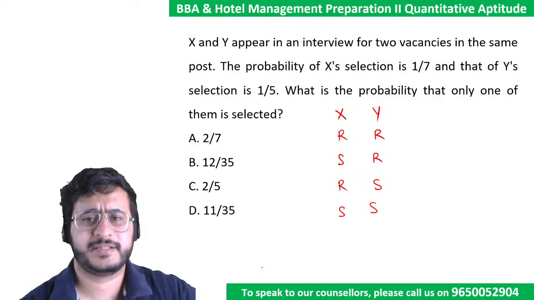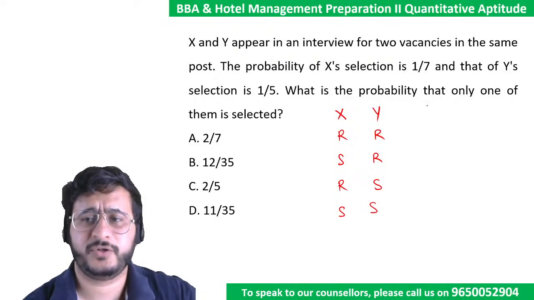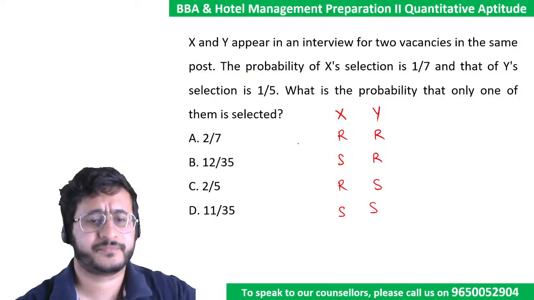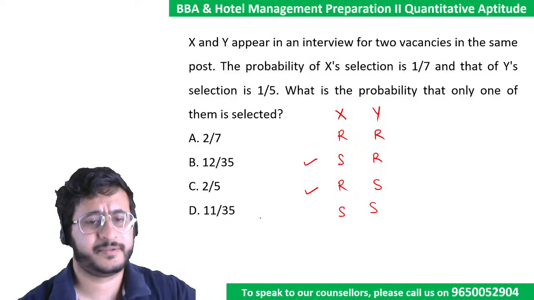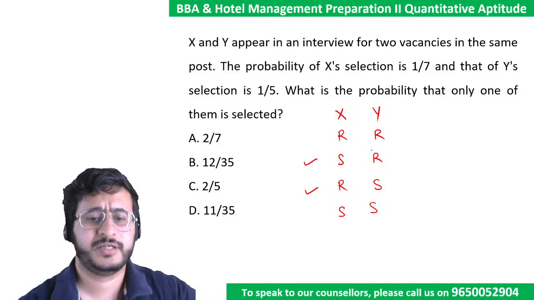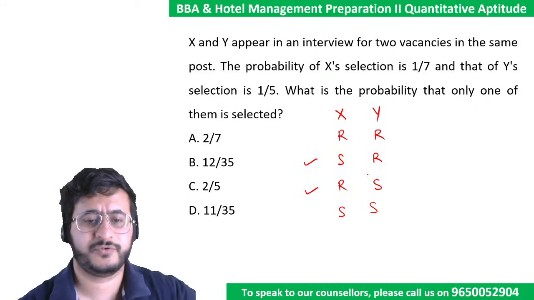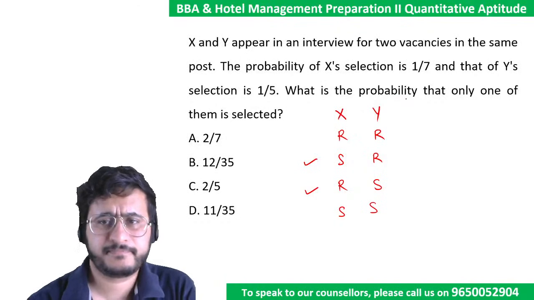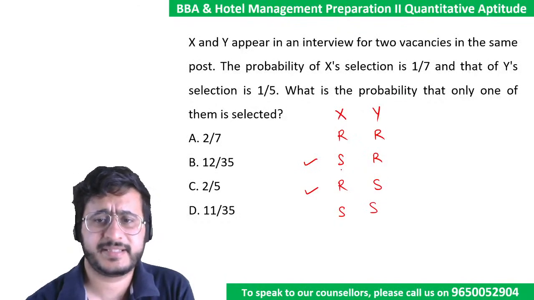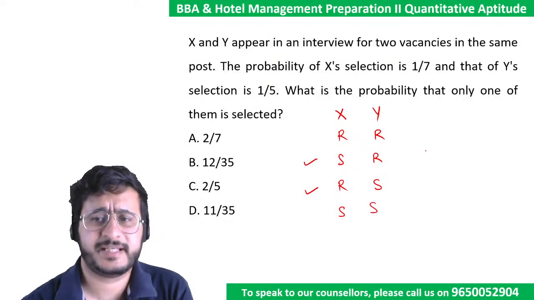Now, what are we asked in the question? We are asked the probability that only one of them is selected. Okay, so only one of them is selected. It means that we'll have to look for these 2 criteria. Okay, so we'll have to look for this condition and this condition. 2 conditions we'll have to look for. Okay, now the next thing is, now when X is selected, in how many ways can X be selected?